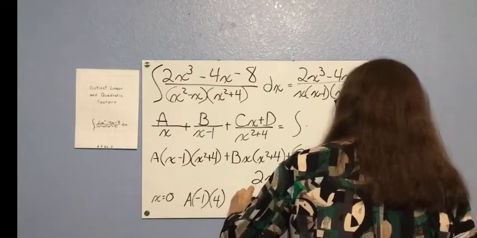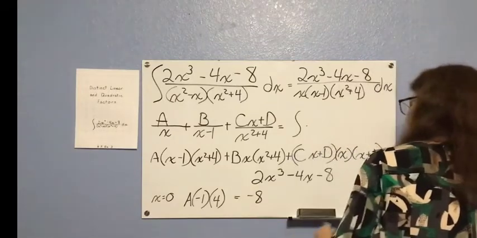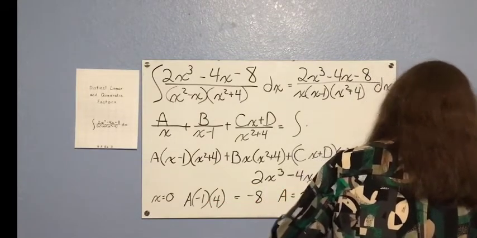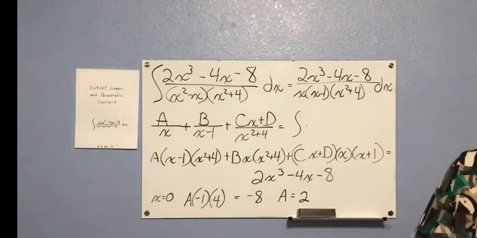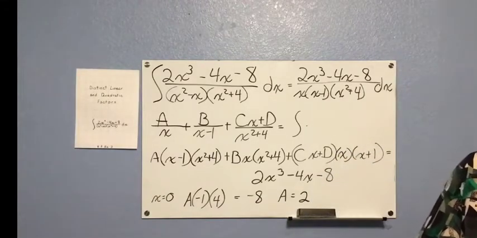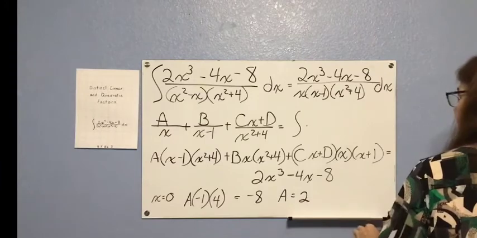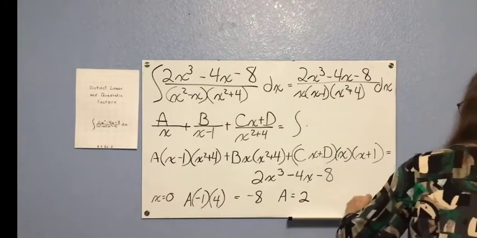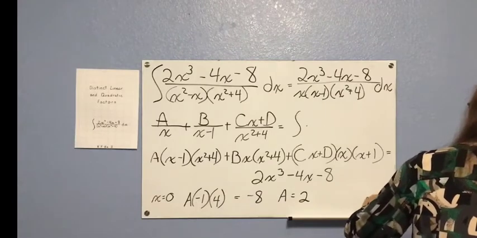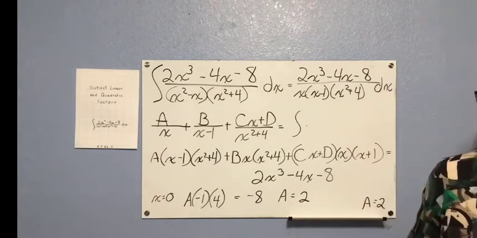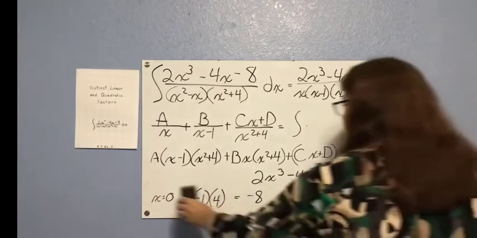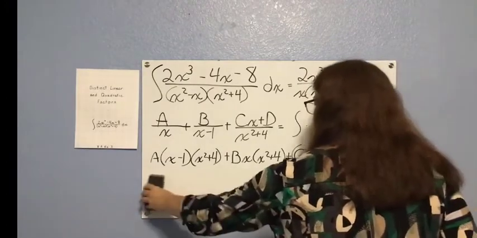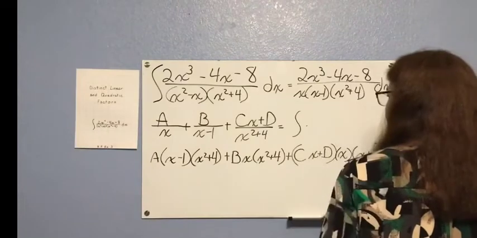And so all that's left is negative 8. When I divide by negative 4, I get that a equals 2. So I'm going to make a little note here. A equals 2. And now work on B.